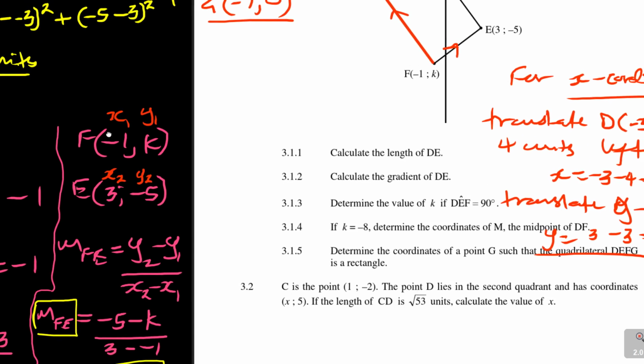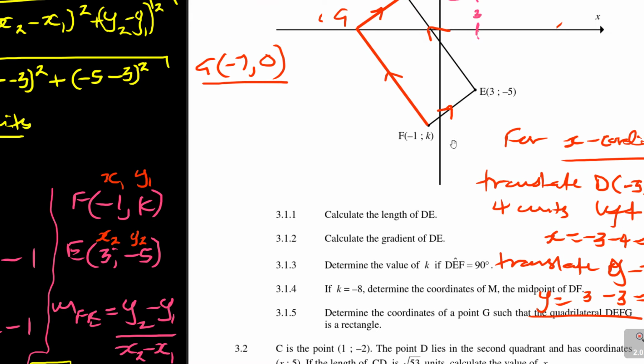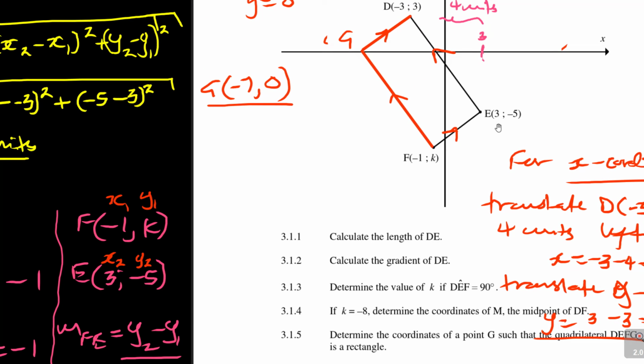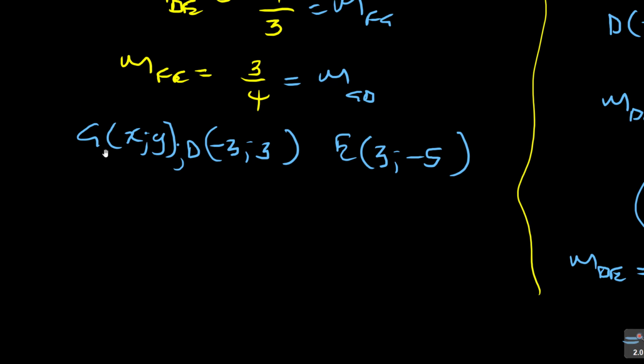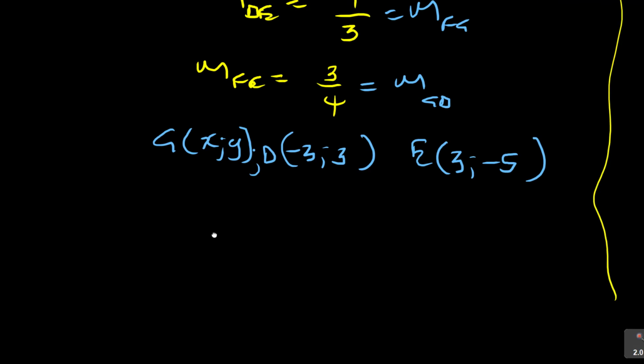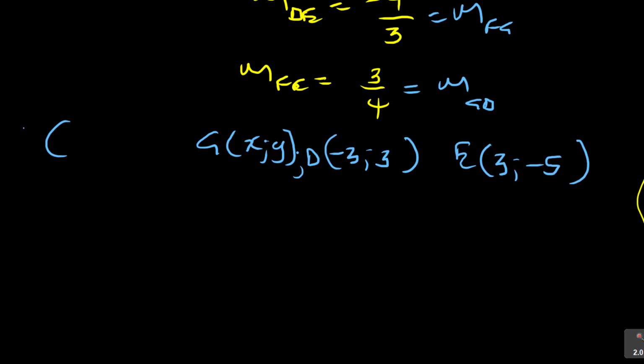E was, GD, do I want that? -3, -5 here, 3, -5. All right, what about point F? Let's put point F also here. But I know F is -1, -8. Okay, let's use these points.